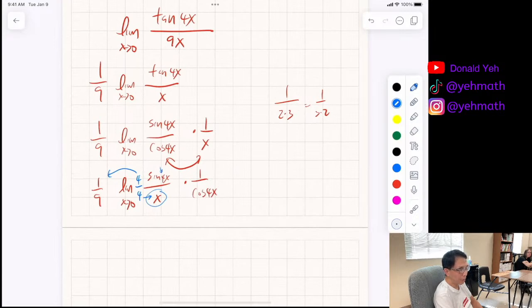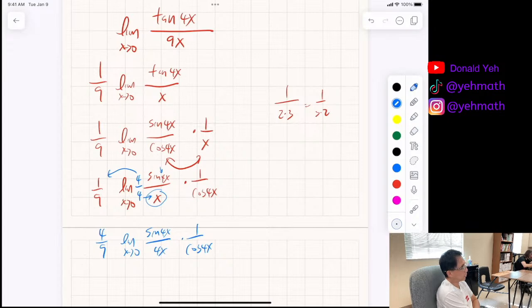Now the 4 inside the sine of 4x can never be taken out. That 4 is the argument. You cannot take it outside the parentheses. Never. If you do that, it's automatically wrong on the test. It doesn't matter if you got the right answer. I've seen it before: you got a right answer, you took it out. You're not supposed to take it out. You're supposed to multiply by 4 over 4. This 4 is going to be outside, so 4 over 9 times the limit as x approaches 0 of sine of 4x over 4x, and that's times 1 over cosine of 4x.